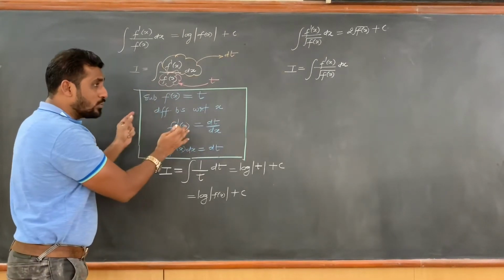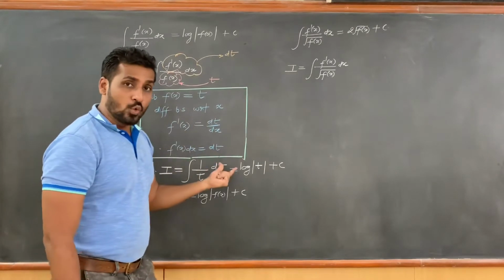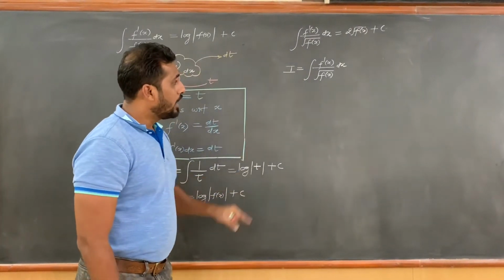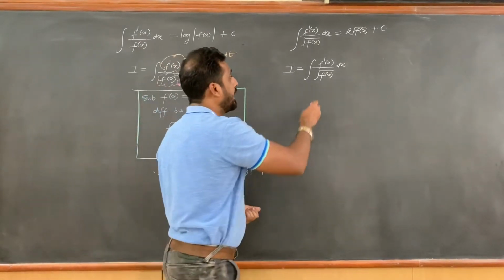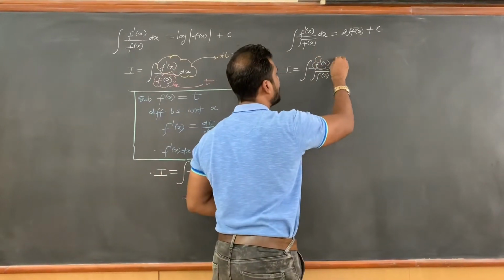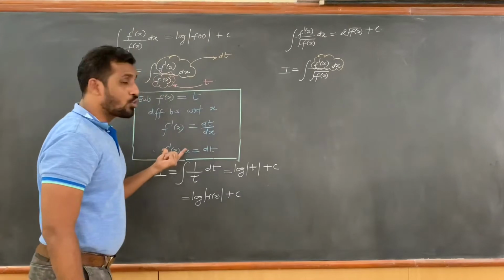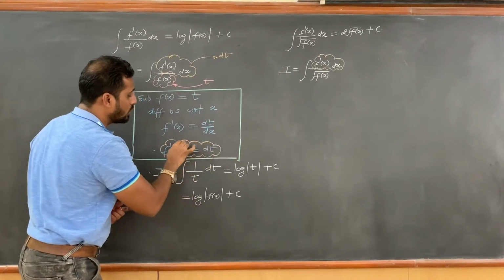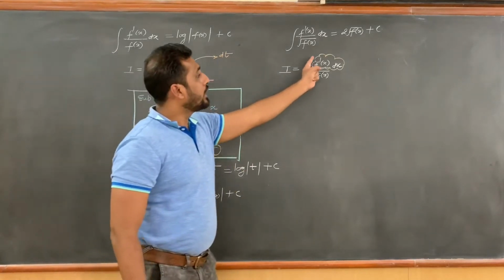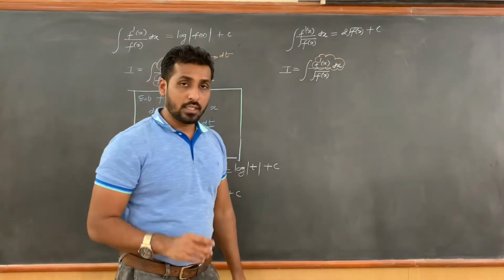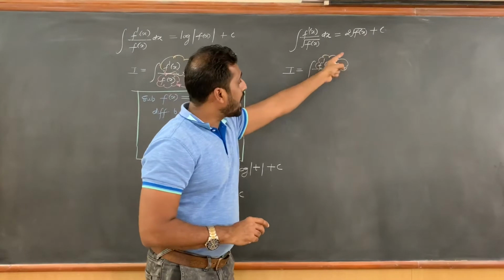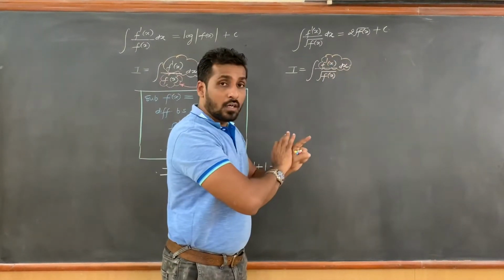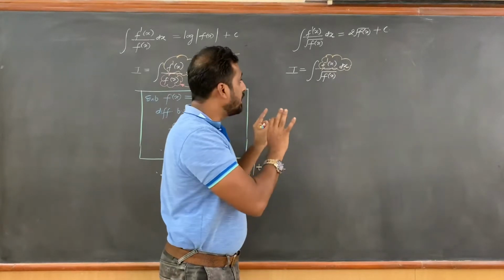So the same set of substitution can be used for the second corollary as well. Now, if you observe the numerator, it is f1 of x dx. Did you observe in our previous corollary, the substitution f1 of x dx, was it dt? So I can replace the entire numerator by what? Dt.